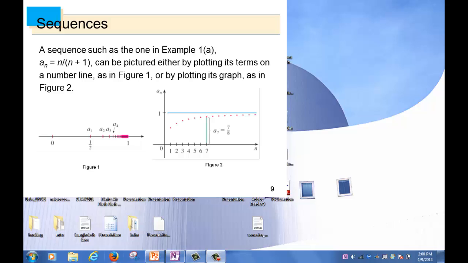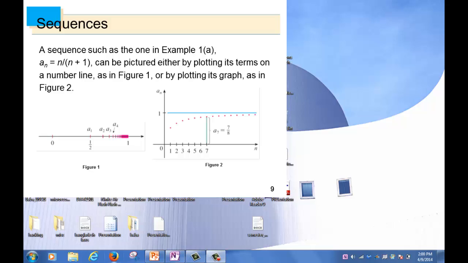So this sequence is increasing. It's like if you have an apple, if you divide it into 6 pieces and take 5 pieces, versus you divide it into 7 pieces and take 6 pieces, right? And the 6/7 would be bigger. Is that making sense?